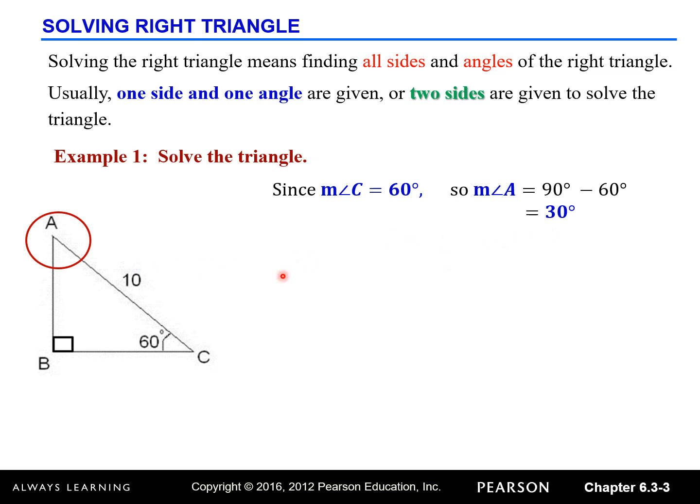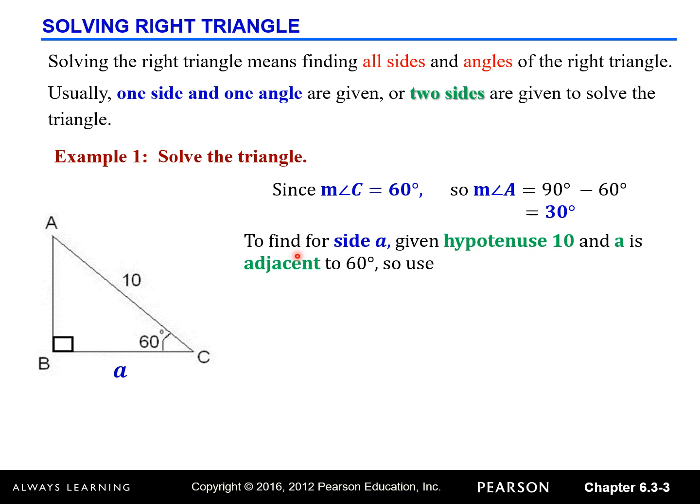And then, since the hypotenuse is given, which is 10, we can look for the side opposite of angle A, which is side A, and we can also look for the side opposite to angle C, which is side C. So first, to find side A, given the hypotenuse, A is adjacent to this 60 degrees angle.